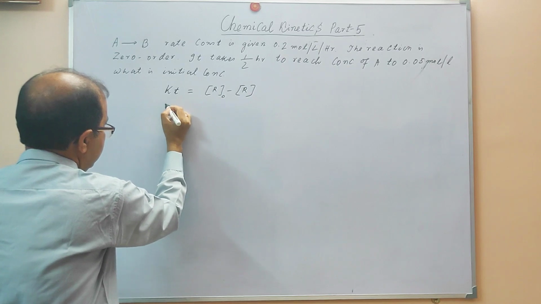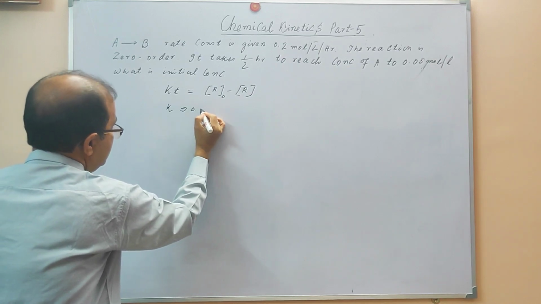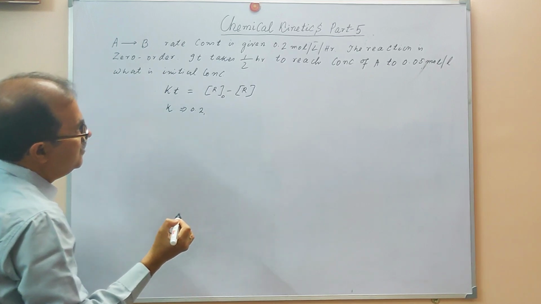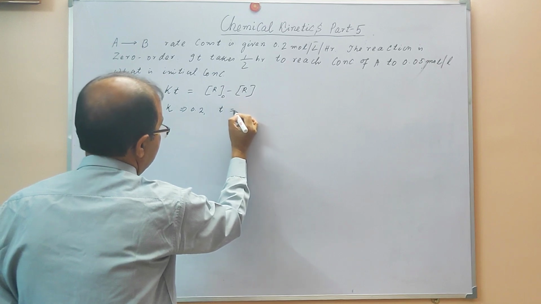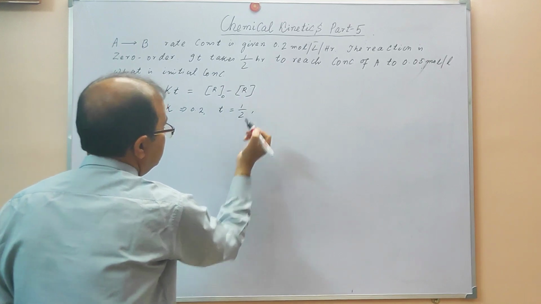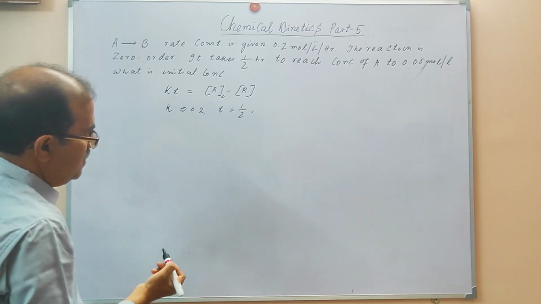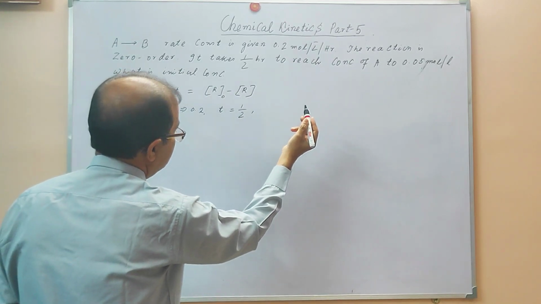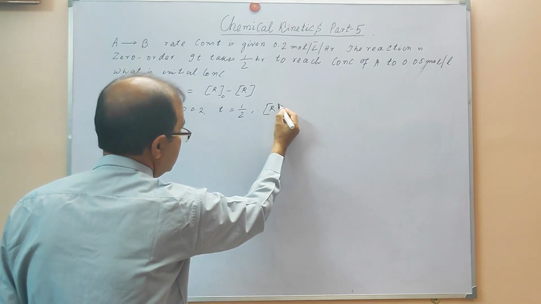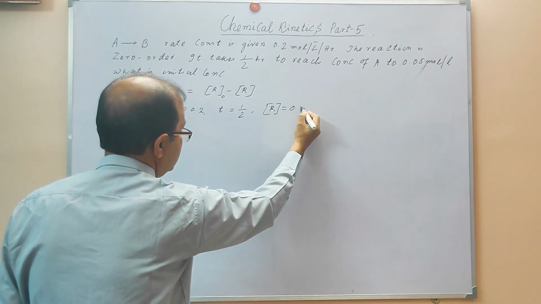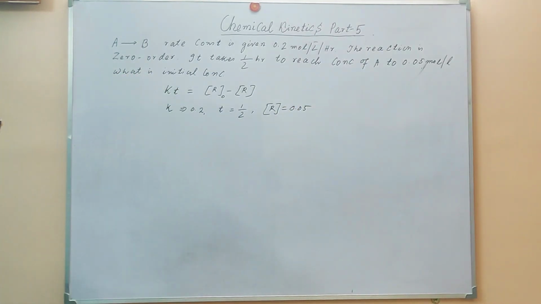K is 0.2, then t is given as half, then concentration after time t is given as 0.05.